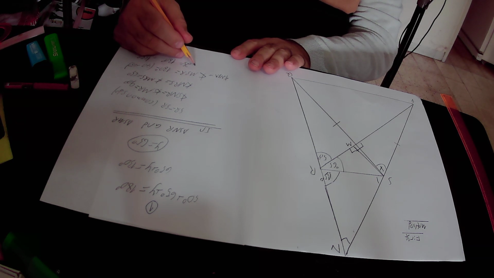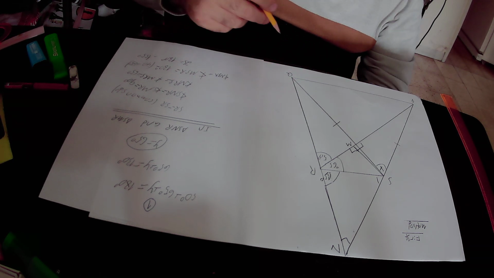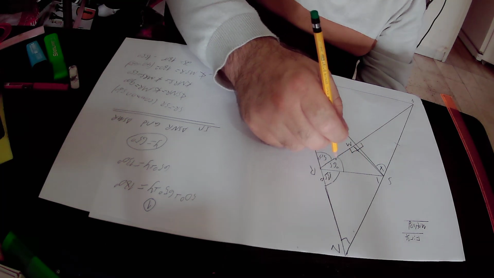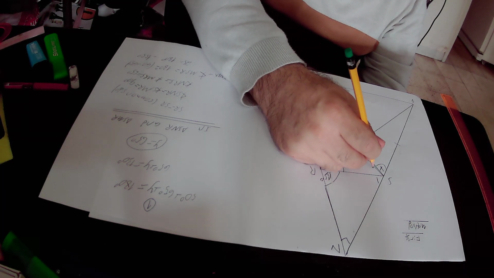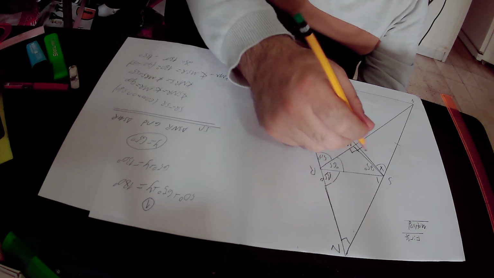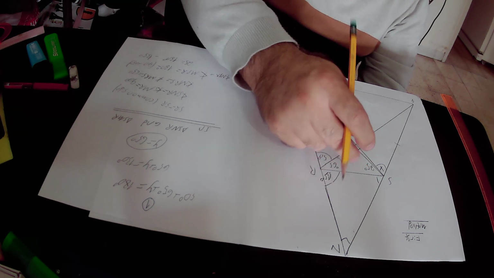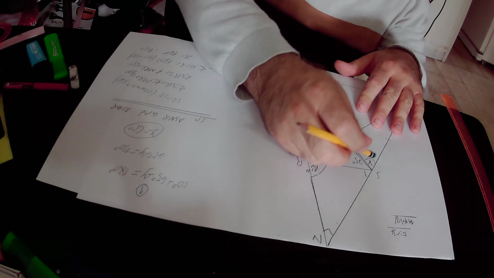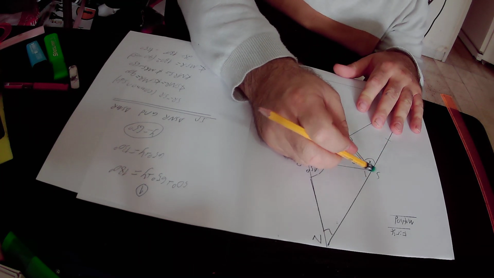So we found out that the size of angle MSR also equals the size of angle NSR, and both are equal to 25 degrees.